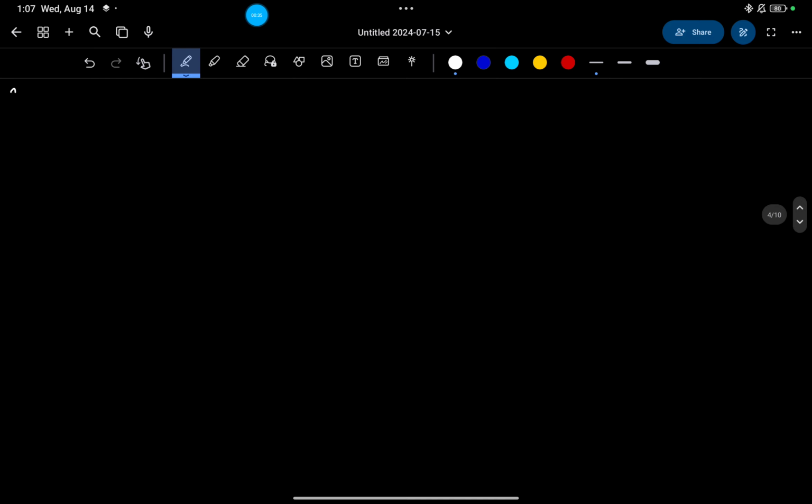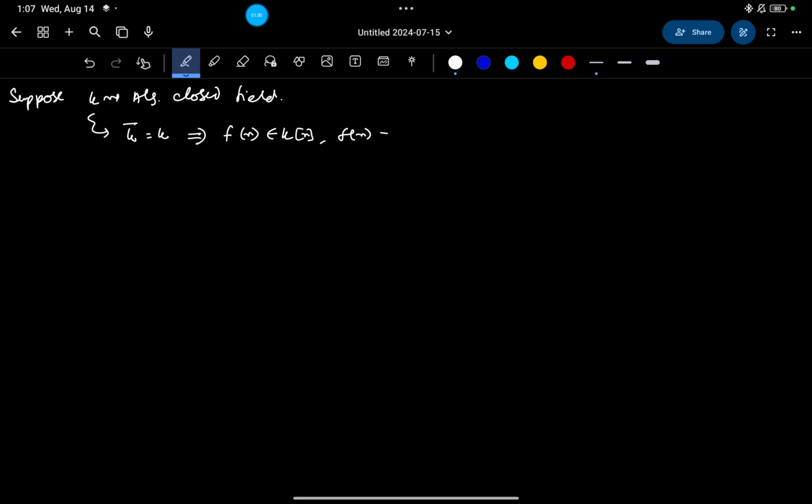Suppose we have a field K which is an algebraically closed field, okay? So what does this mean, algebraically closed field? It means that K closure equals K, and that actually implies that whatever polynomial I can take from K[x], it must split into linear terms.